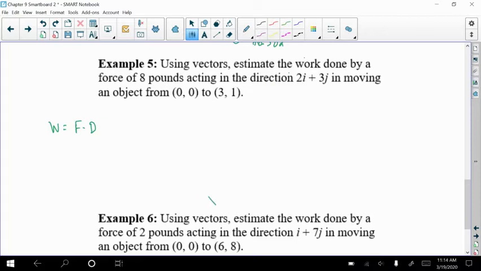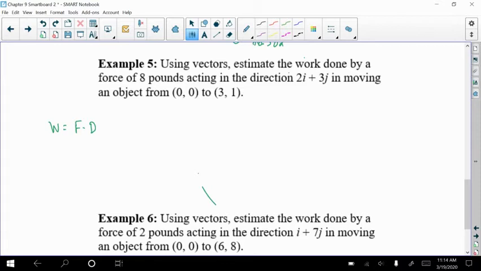If your force can be represented by a vector, which makes it really easy to model, and a distance can be modeled by a vector to get from point A to point B, then the product of those two should be a way to represent how much work has happened. Again, a very, very easy application of the dot product.